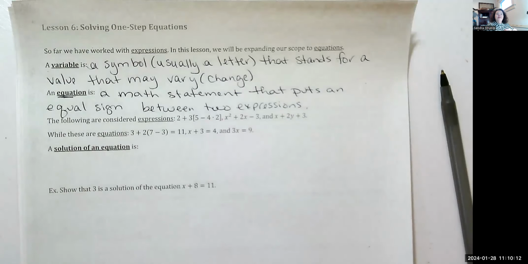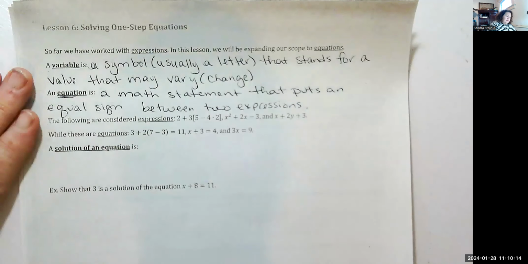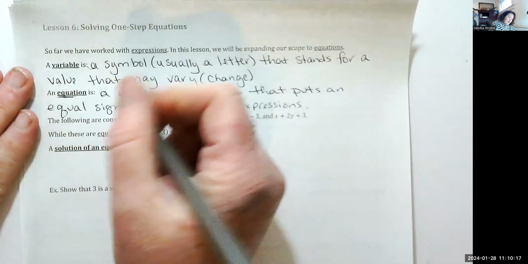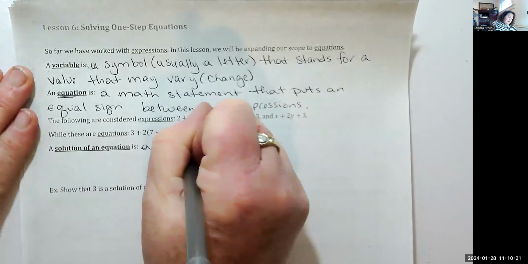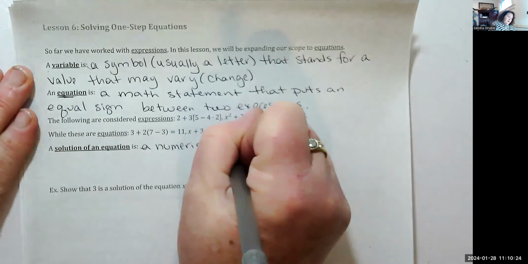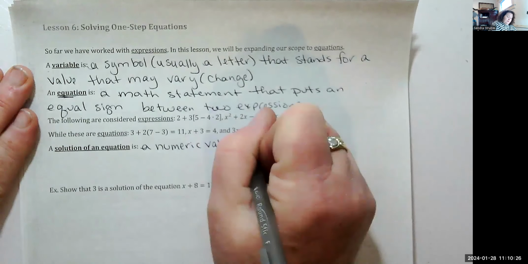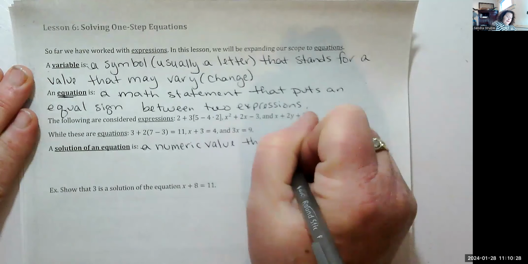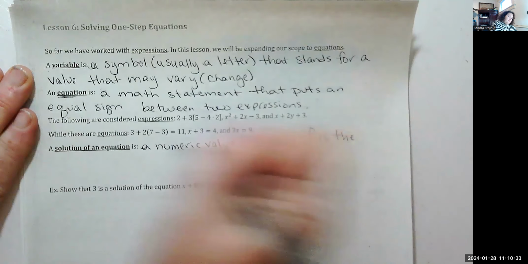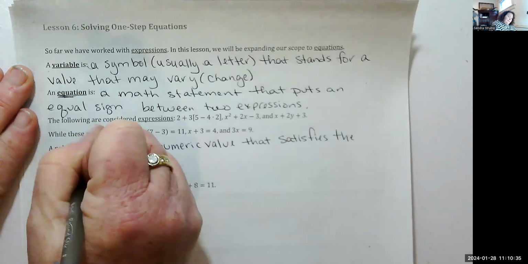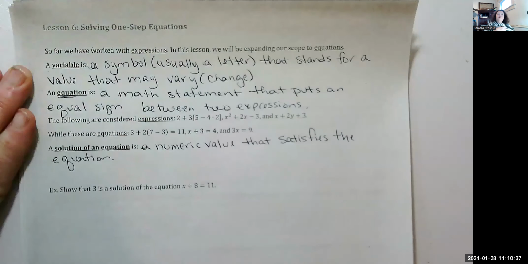A solution of an equation is a numeric value, a number, that satisfies the equation. When a variable is replaced by the solution, a true statement results.